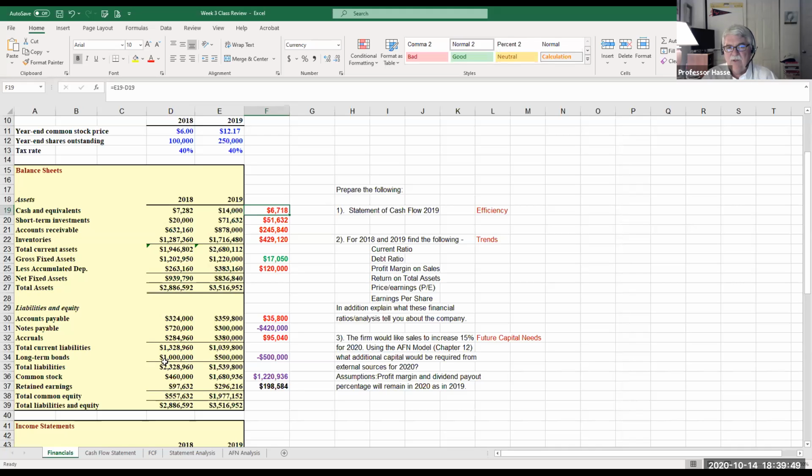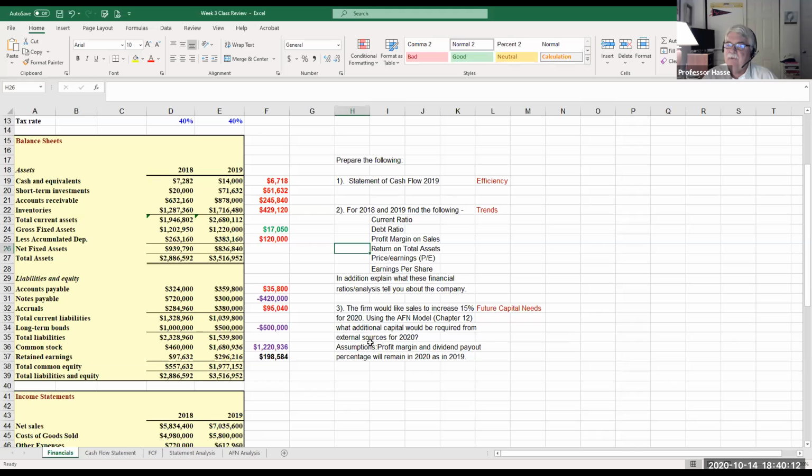And the areas that we look at are the cash flow statement, financial analysis, the trends being shown by key ratios. Page 120 of your textbook, if any of you do have a textbook, but don't worry about it. I copied a picture of that to show you. And the expectations of future capital needs, this is chapter 12, called the AFN model, additional funds needed.